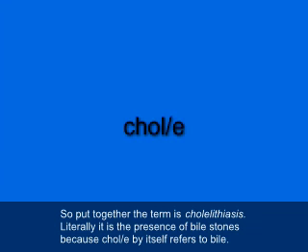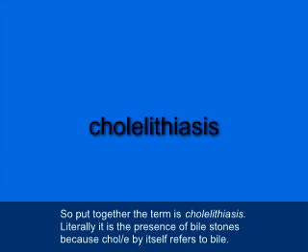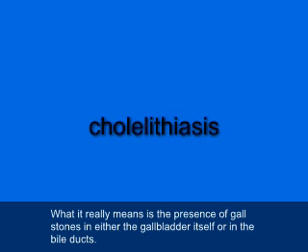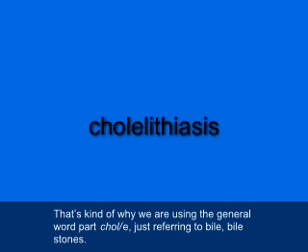So put together, the term is cholelithiasis. Literally, it's the presence of bile stones, because chole by itself refers to bile. What it really means is the presence of gallstones in either the gallbladder itself or in the bile ducts. So that's kind of why we're using the general word part chole, just referring to bile stones.